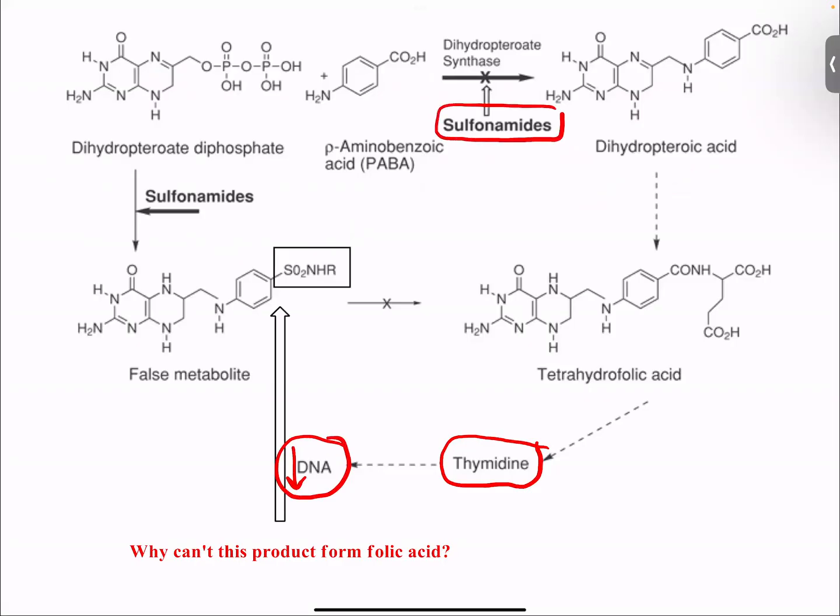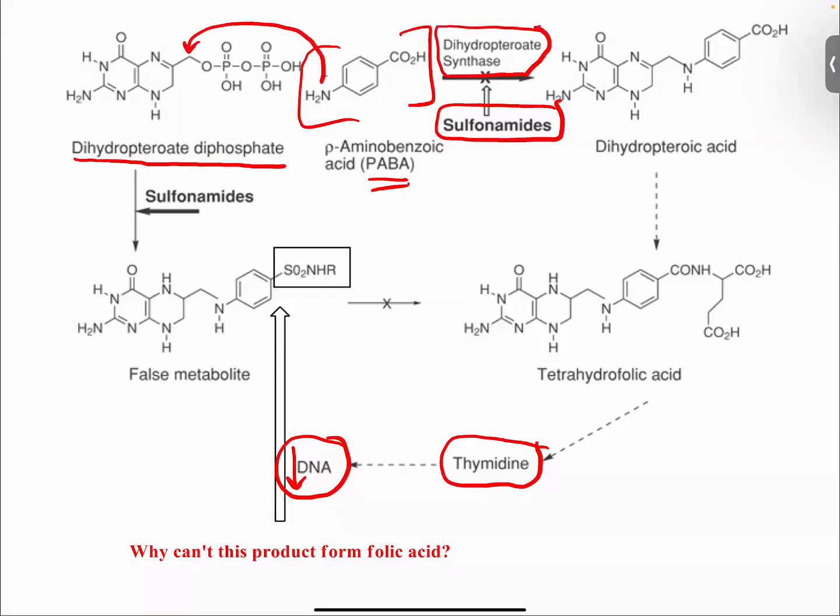Sulfonamides, sulfamethoxazole, look like and mimic para-aminobenzoic acid, which is a starting molecule in folic acid synthesis. And remember, para-aminobenzoic acid attacks dihydropteroate diphosphate in the enzyme active site of dihydropteroate synthase. And in doing so, forms dihydropteroic acid, which subsequently becomes tetrahydrofolate after a glutamic acid is added.